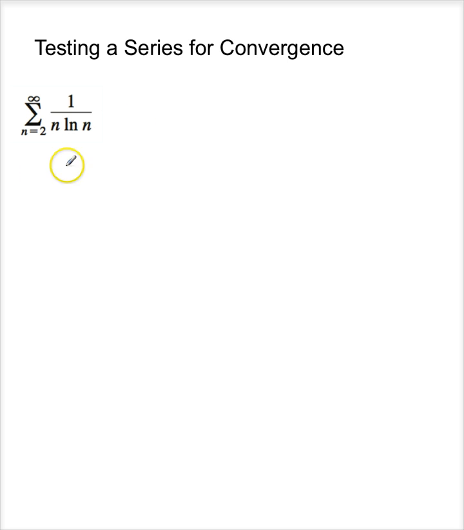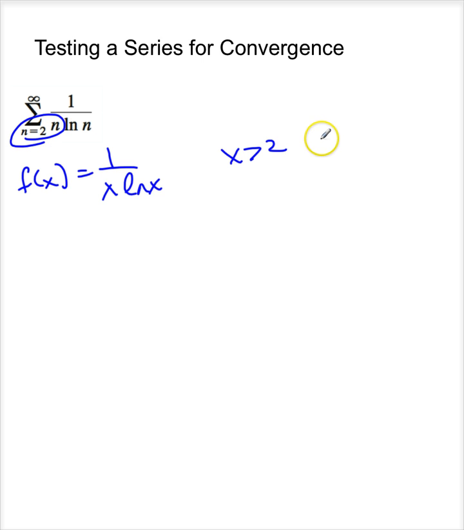For n greater than or equal to 2, let f of x equal 1 over x log x. For x greater than 2, which is where my sum starts, it is continuous and positive. Now let me see if it's decreasing or increasing.